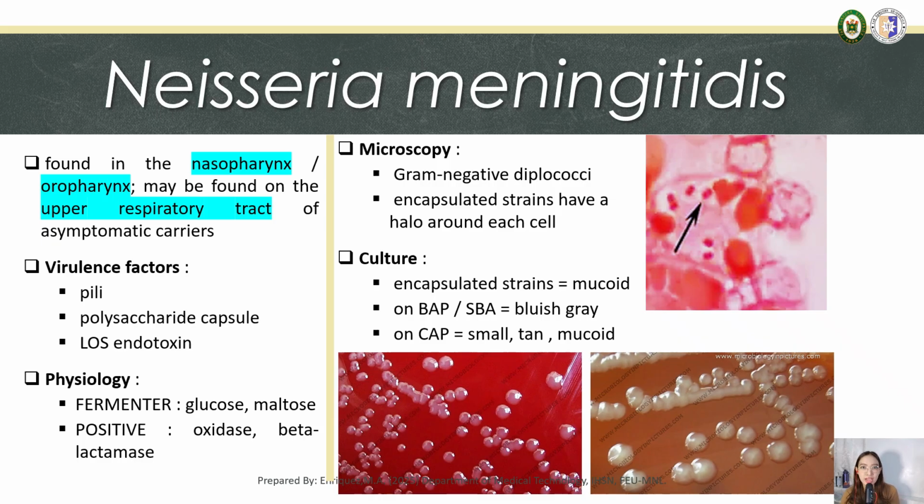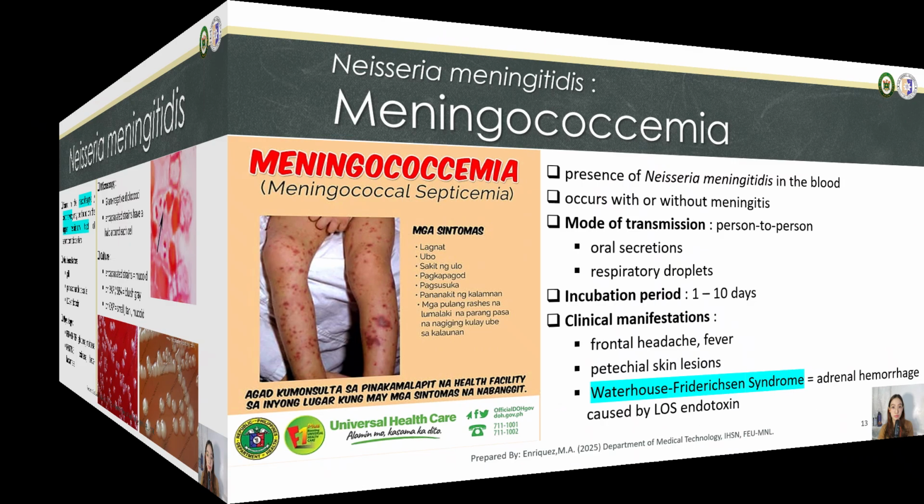They have the same microscopic morphology and the same virulence factors as Neisseria gonorrhoeae, but in carbohydrate utilization tests, Neisseria meningitidis will ferment both glucose and maltose. And here's what they look like on BAP and on CAP.